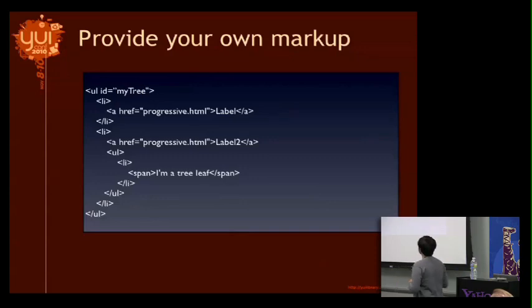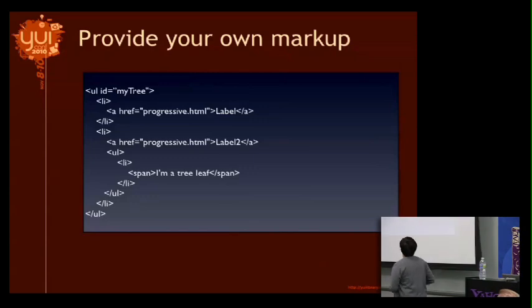So you have a top-level UL with an LI, with an anchor. That element can be anything you want it to be, but in this case, I decided to make it an anchor. So for progressive enhancement, if something goes wrong, JavaScript disabled, your tree still works. And then you can have subtrees if you need to inside tree leaves.